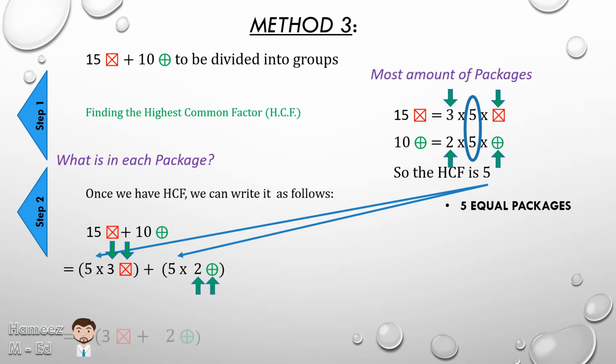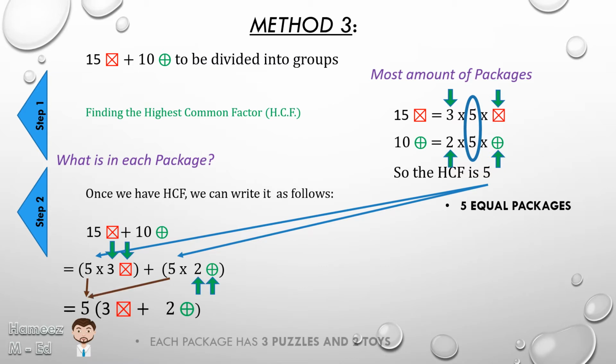Therefore, we can have 5 equal packages at 3 puzzles and 2 toys each. In hindsight, this method provides us with more information than the others. So we shall be concentrating on any method that gives us these 2 pieces of information.